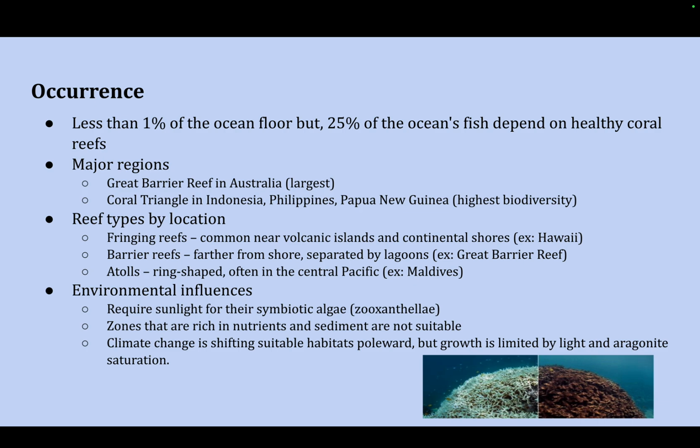Their environmental influences require sunlight for their symbiotic algae and zones that are rich in nutrients but not excessive in sediment. Climate change is shifting what is suitable for habitats, but the growth is limited by light saturation.